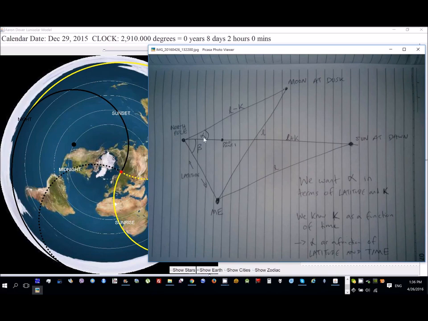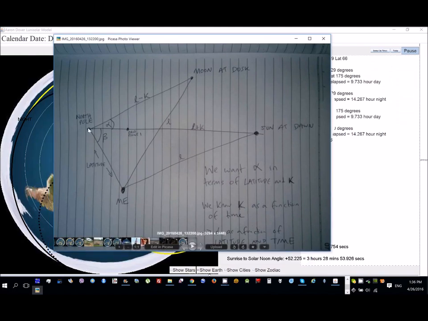So we have this line here, and on that line, we're going to call the distance from the North Pole to the midpoint K in this diagram. Then we've got another length, which is the distance between the midpoint and the sun or the moon at any time.